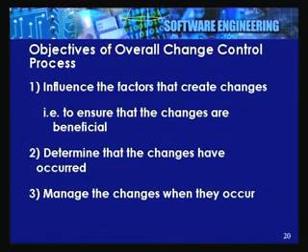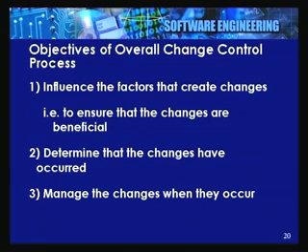So, the objectives of the overall project plan control process, if you look at the slide again, are first to influence the factors that create the changes. Our basic objective has to be to ensure that the changes are minimal, and if they do occur, they are beneficial. Second, determining that the changes have occurred the way we think they have occurred, and last but not the least, managing the changes when they occur, because we do not like the changes to occur as and when.